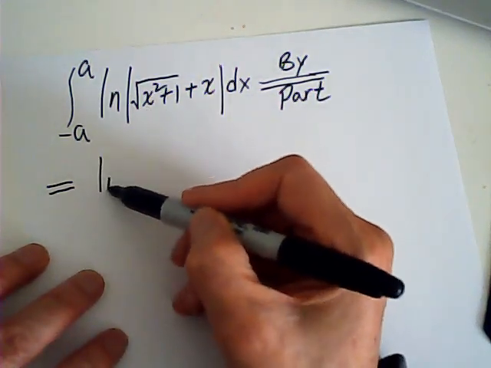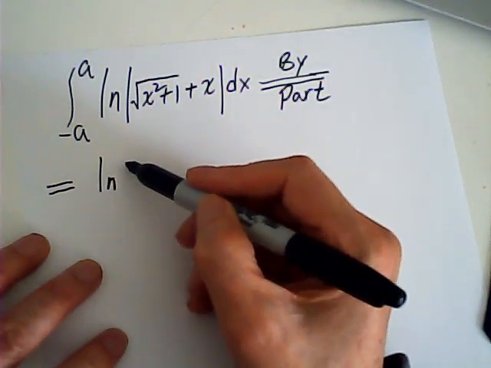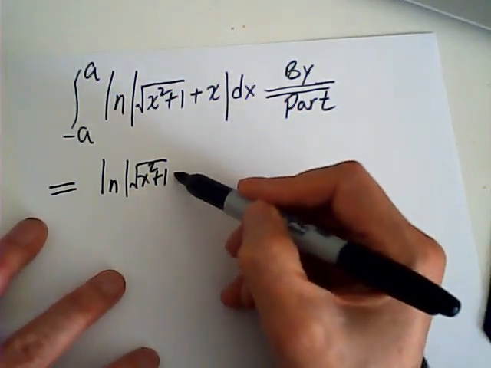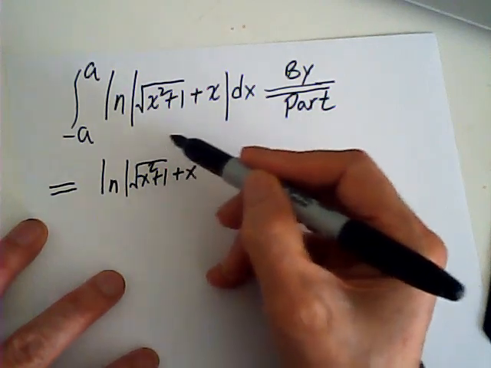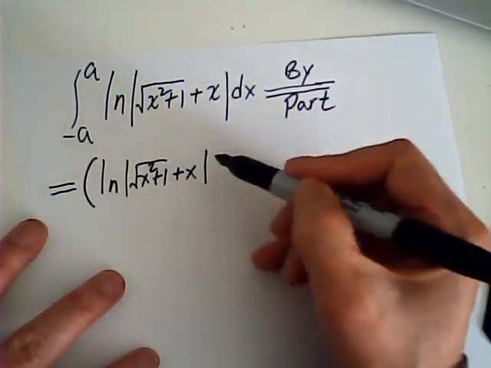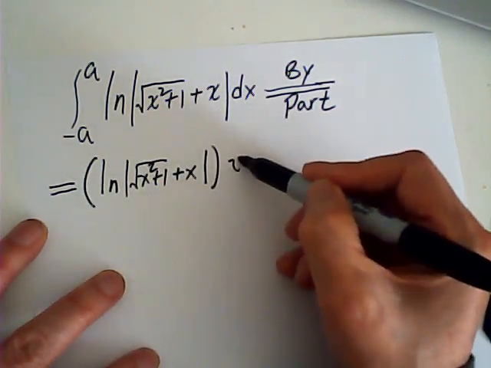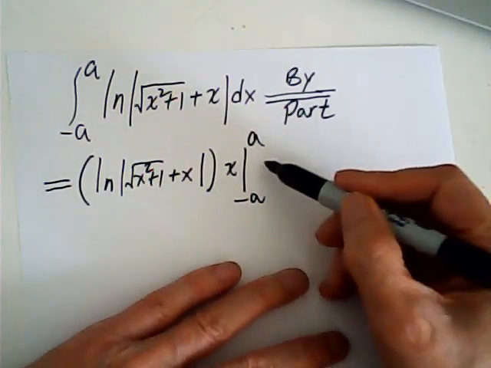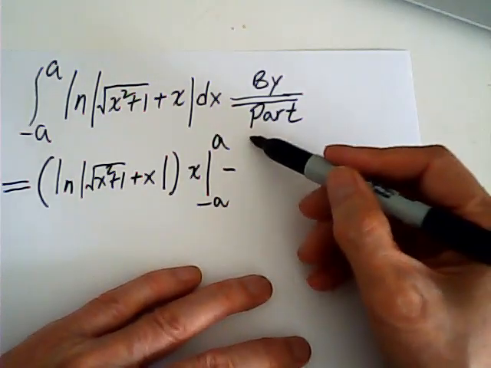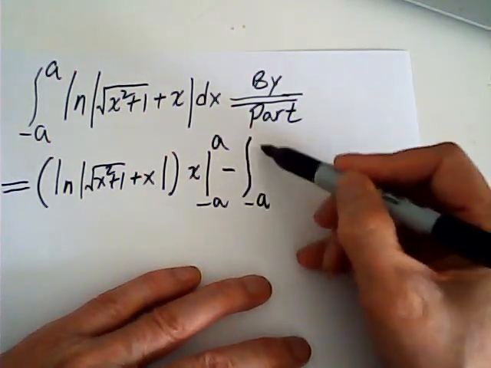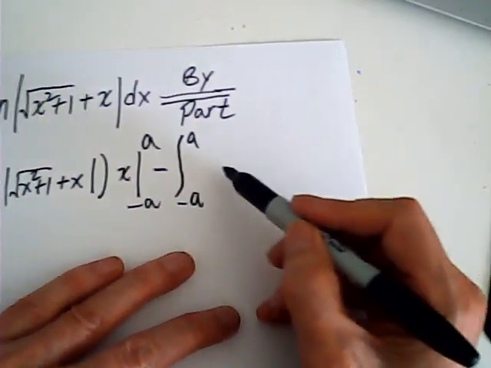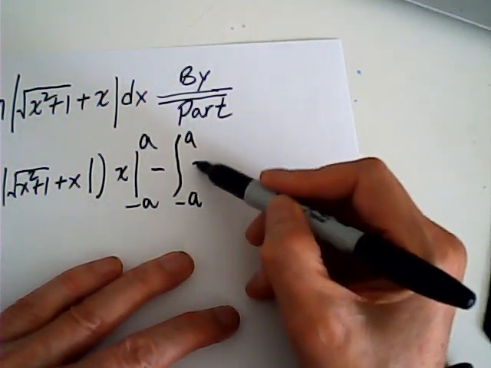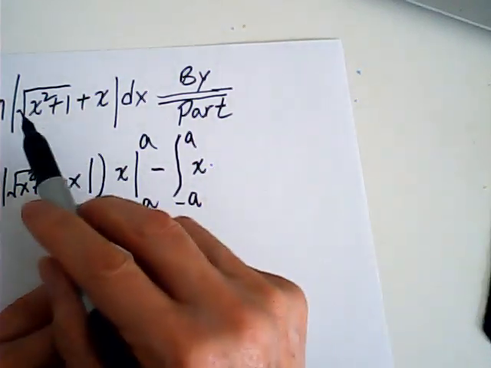U is log absolute value of square root of x squared plus 1 plus x, right? And together multiplied by v. V is x. Then from minus a to a, minus the integral from minus a to positive a of v du. V is x times du.